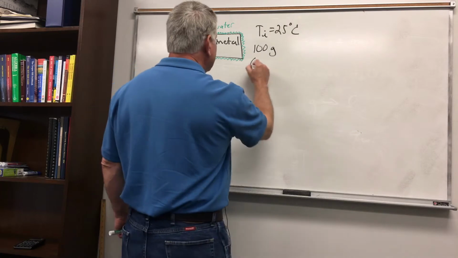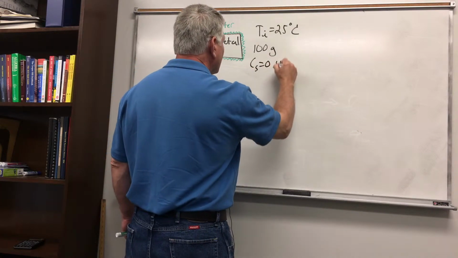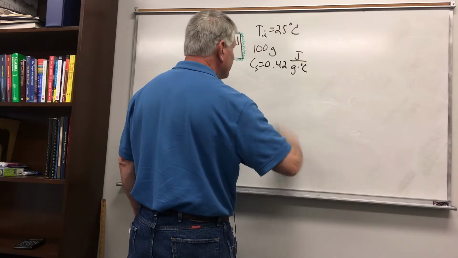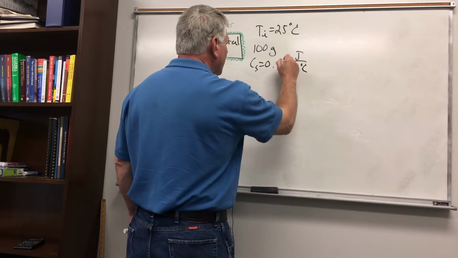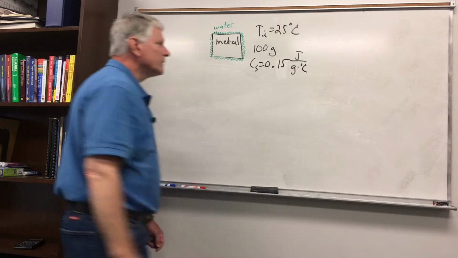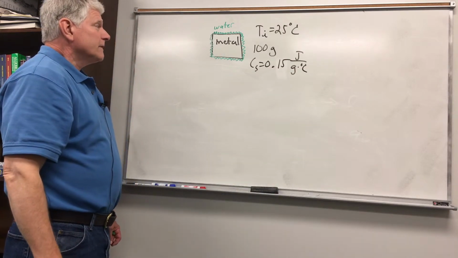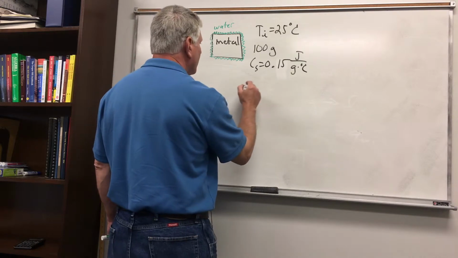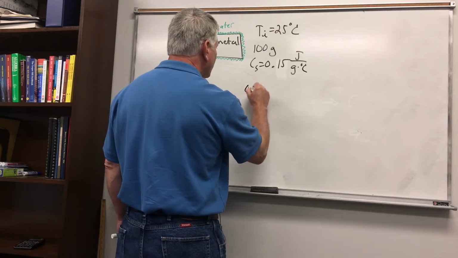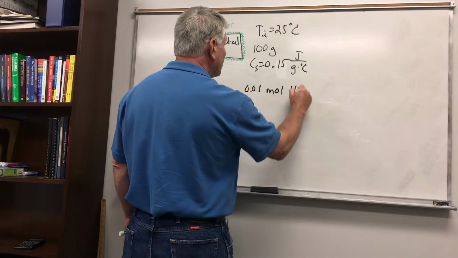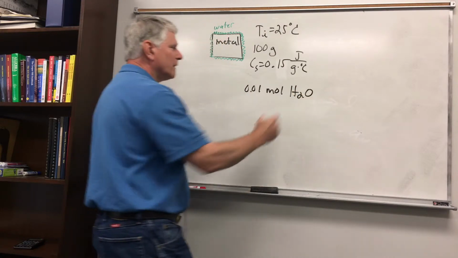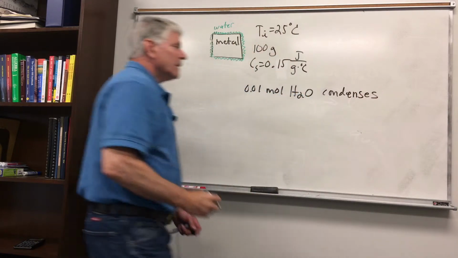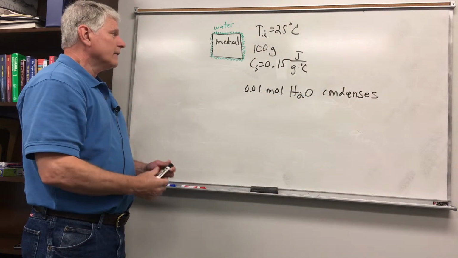Its specific heat is, say, 0.15 joules per gram degree centigrade, and we are going to condense 0.01 moles of water on the outside of the metal block.